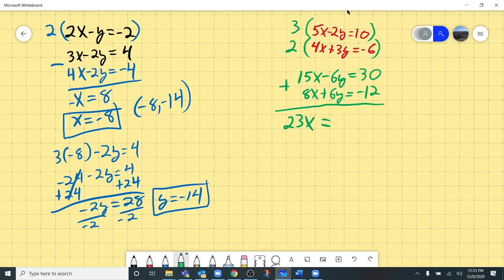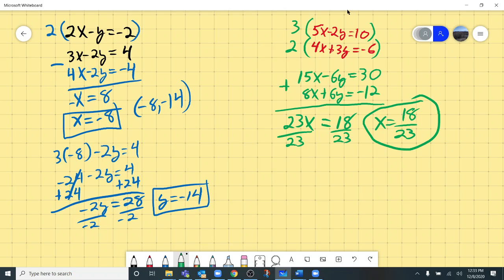And 30 plus a negative 12, 30 minus 12, gives me 18. And then I divide both sides by 23, and x equals 18 over 23. And that's my final answer. I'm not going to mess with that one.